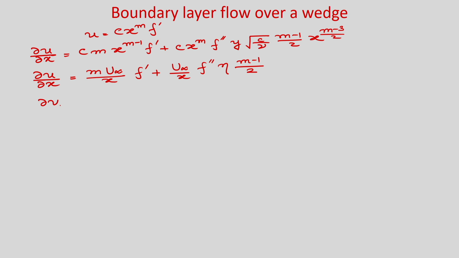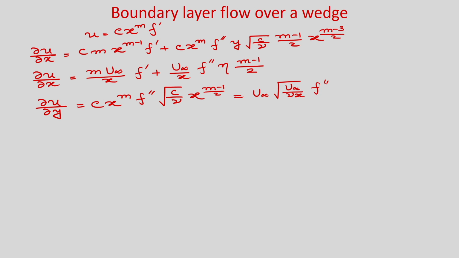Now, you can write del u by del y. So, it will be c x to the power m f double prime and then del eta by del y. So, del eta by del y we can write root c by nu x to the power (m minus 1)/2. So, if you simplify it you will get u infinity root u infinity by nu x f double prime, and del 2 u by del y square.